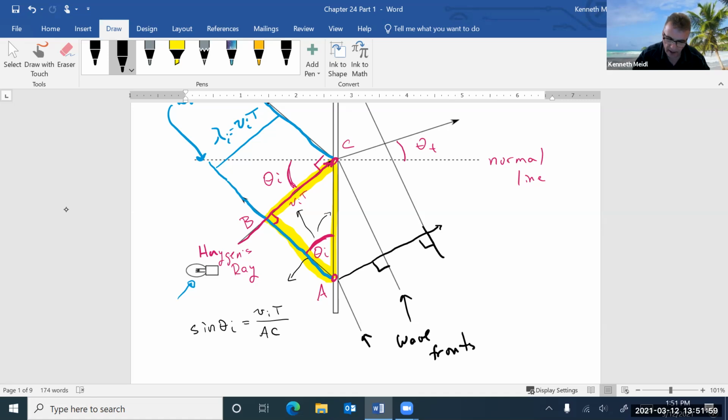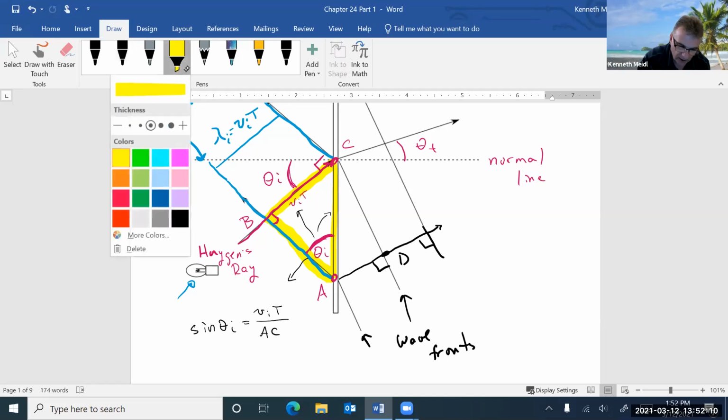I'm going to look at this triangle, so let me put a letter, maybe D, right there.